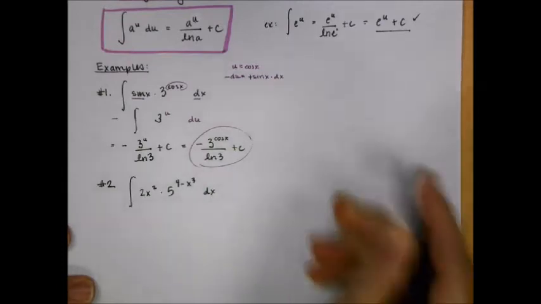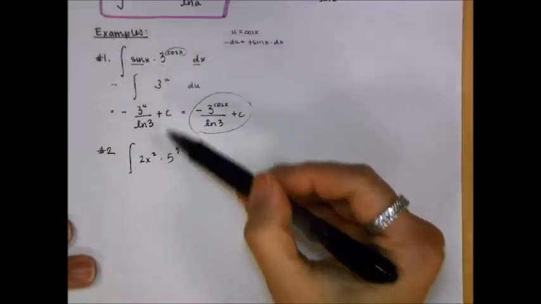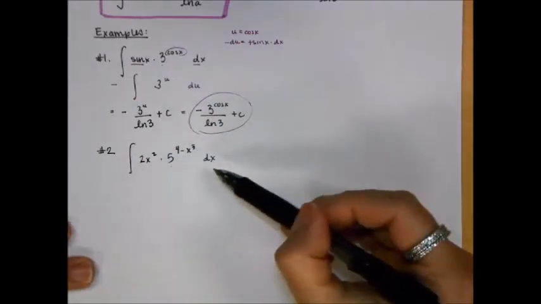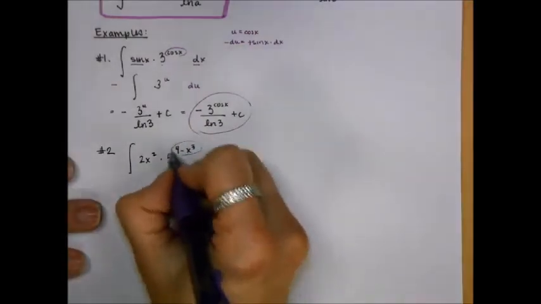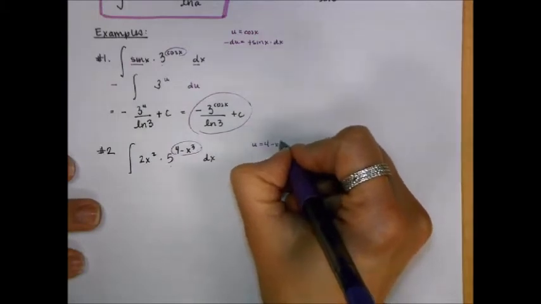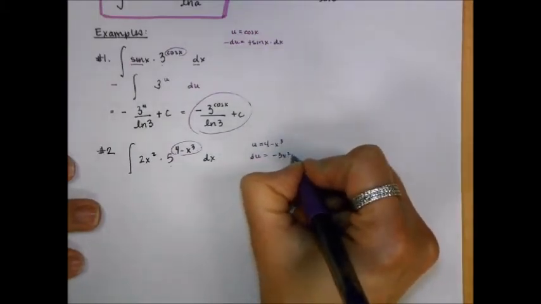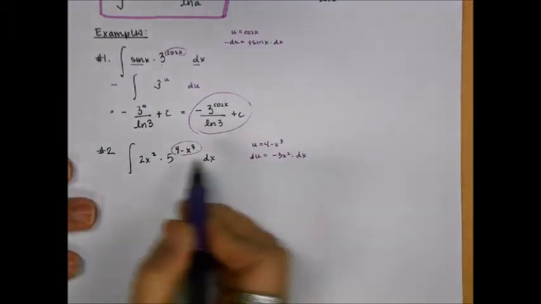All right, so same idea here. We have a base of 5, an exponent, and then some leftovers. So we're going to start with our u substitution for 4 minus x cubed. The derivative there, negative 3x squared dx. So we have the x squared dx, but not a negative 3 coefficient.